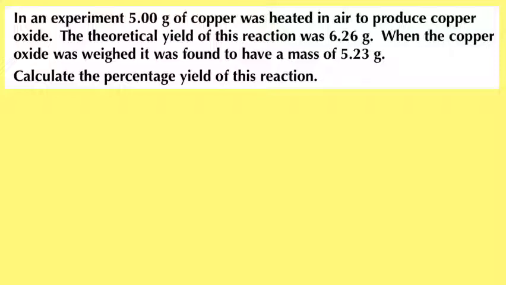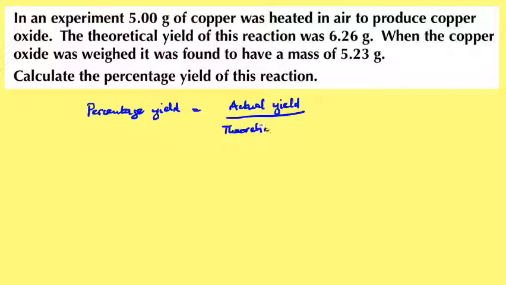Okay, let's do it. We're just going to write out our generic equation first. Percentage yield is going to be our actual yield in grams, divided by our theoretical yield, also in grams, times 100.